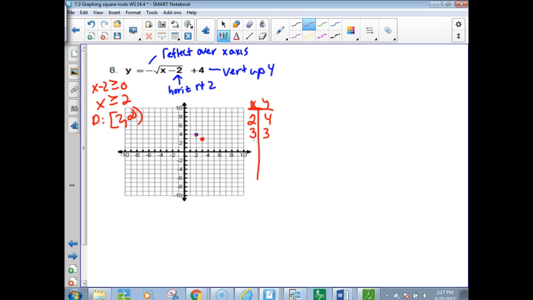Putting in 6 would give us a 2. And that's probably enough. Otherwise, you've got to put in 11, right? Okay, so that's what the graph should look like. Something like that. Mine's kind of squiggly. And the range would be from negative infinity up to 4.